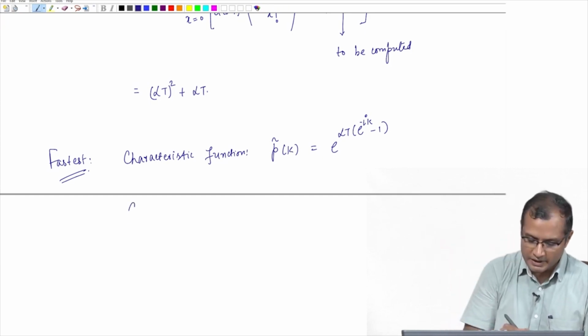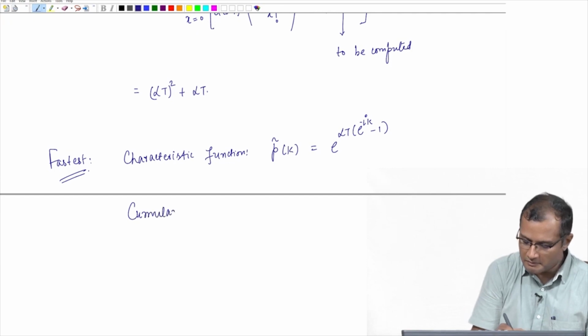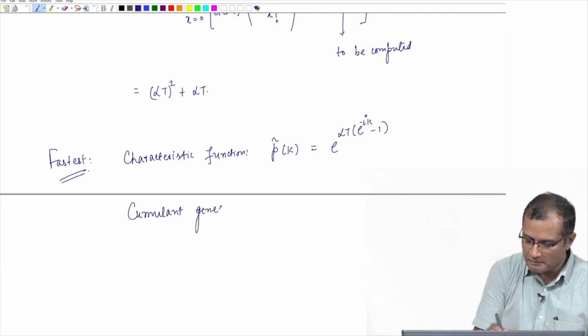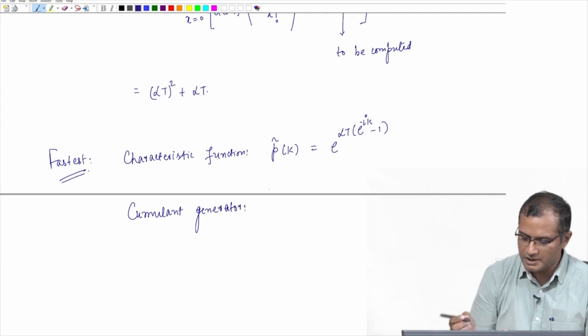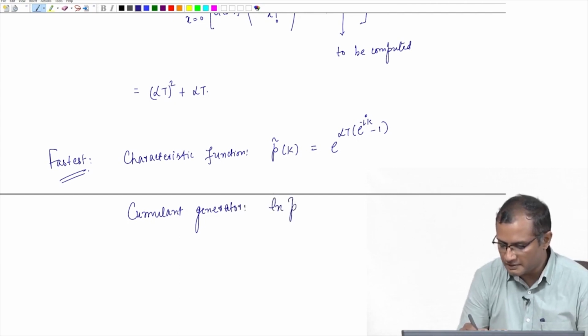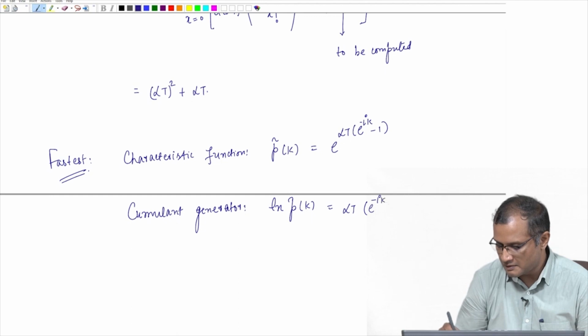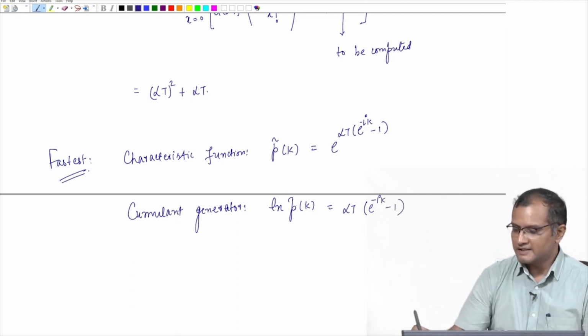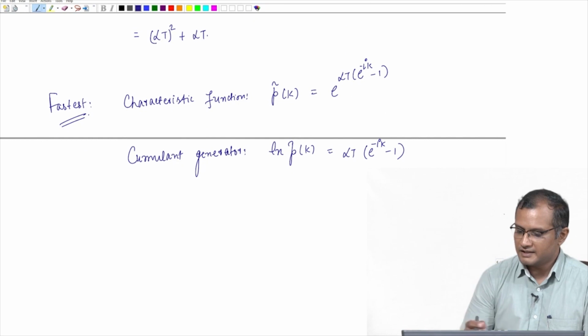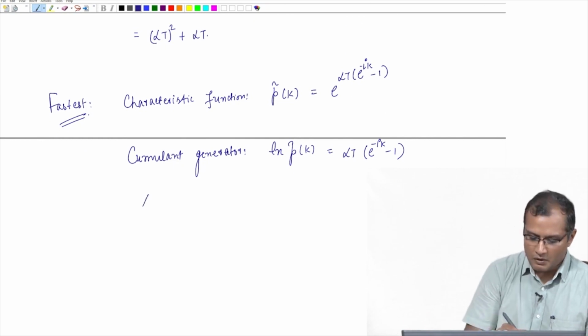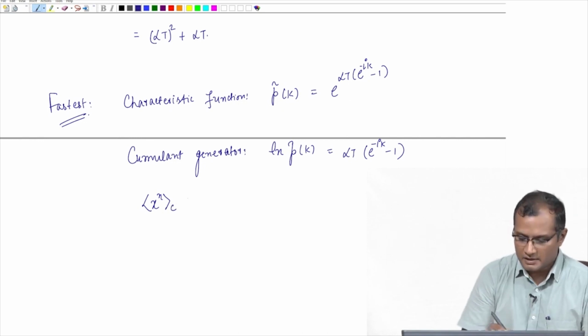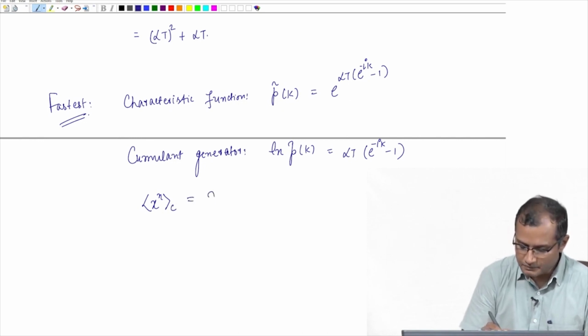So, you can take the cumulant generator. In fact, if you know the cumulant generator, you can directly write it, which is just alpha t into, and here we see an important thing. The fact that the cumulant generator has this form, all cumulants of arbitrary order are nothing but just alpha t.